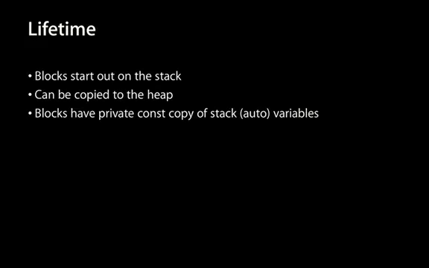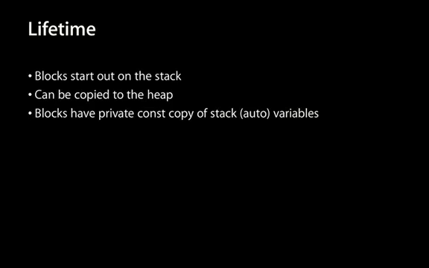Blocks carry a const version of most variables that they use. So in the previous case, that variable D, we actually made a copy of D and made it a const version inside that block, so that it goes along with the data, so that wherever that executes, it's got a local copy of that local stack variable. So we don't have to worry about that stack variable.